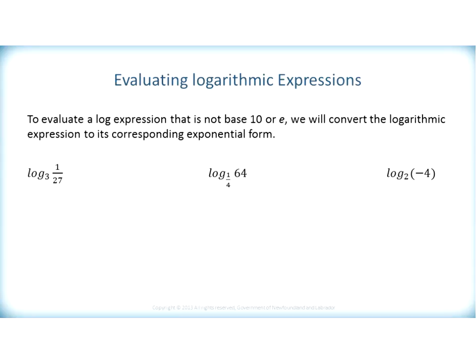So in order to evaluate a logarithmic expression, we're going to convert the logarithmic expression to its exponential form. We'll set it equal to x and solve. So we cannot evaluate log of 1 over 27 base 3, since it's not base 10 or base e.